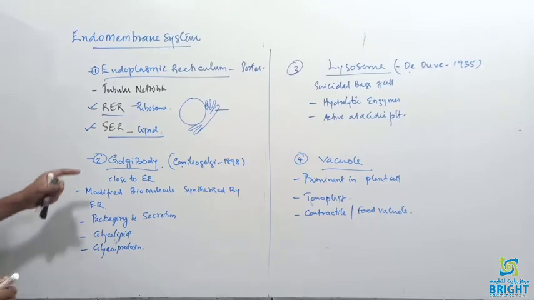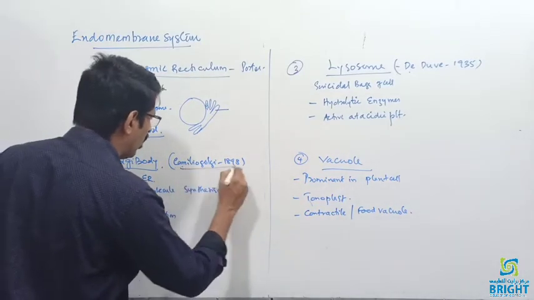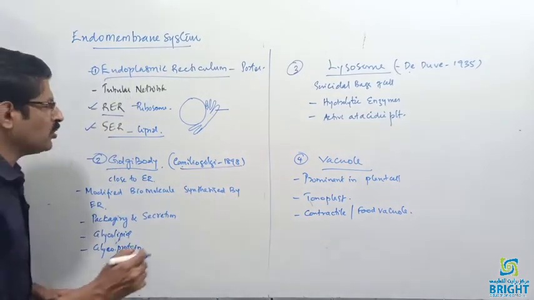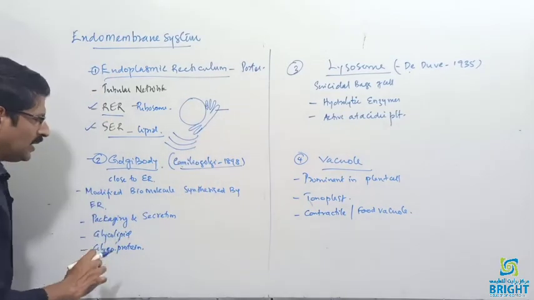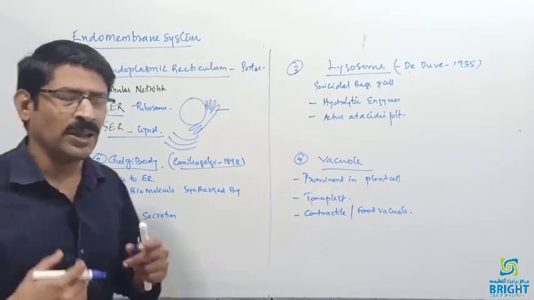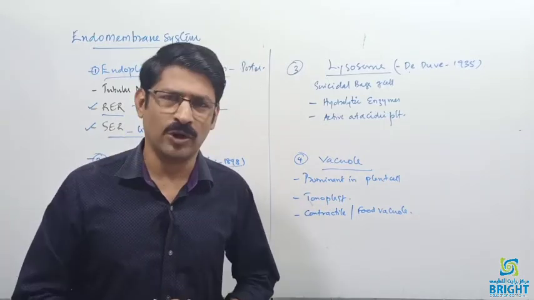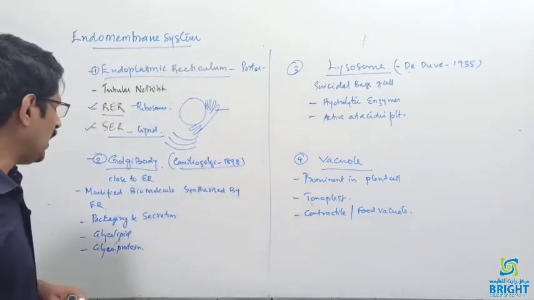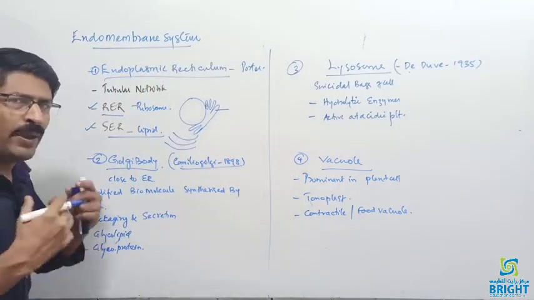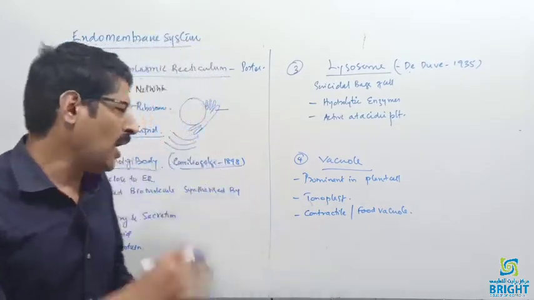And the second part of the endomembrane system is the Golgi body. It was discovered by Camillo Golgi, and it is very close to the endoplasmic reticulum, and they modify the biomolecules synthesized by rough or smooth endoplasmic reticulum, like protein or lipid, into glycoprotein and glycolipids, or they become activated or modified into the active form by the Golgi body.